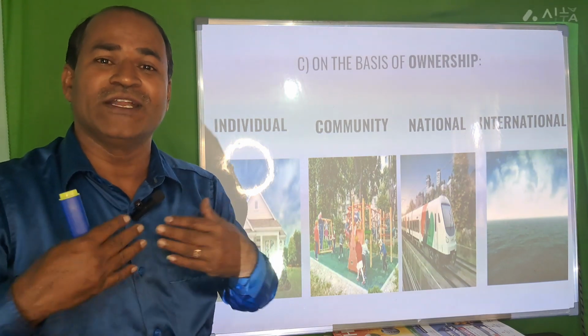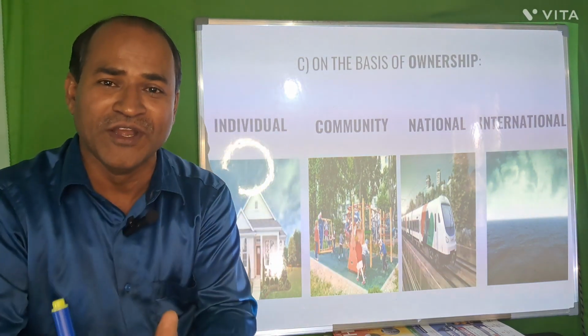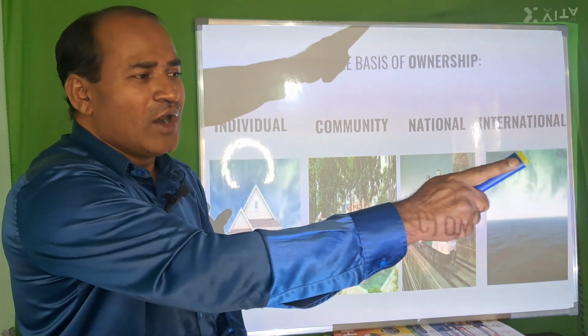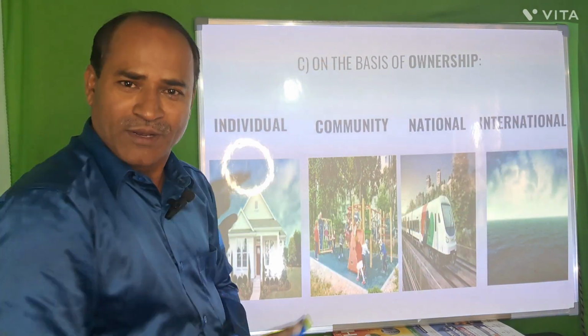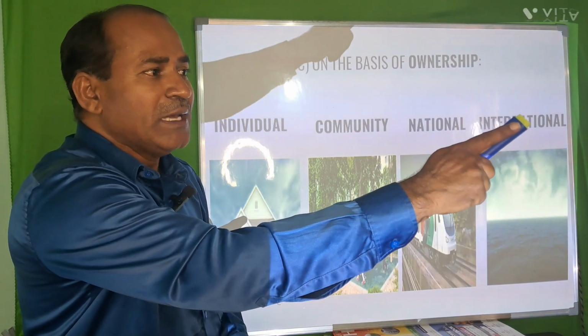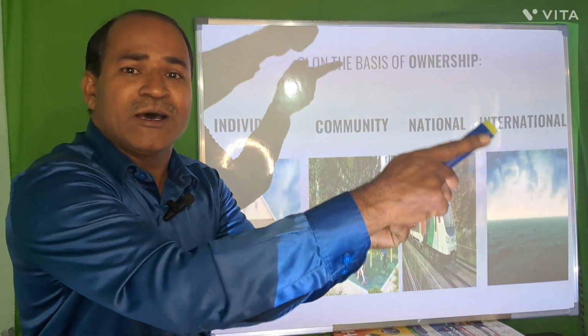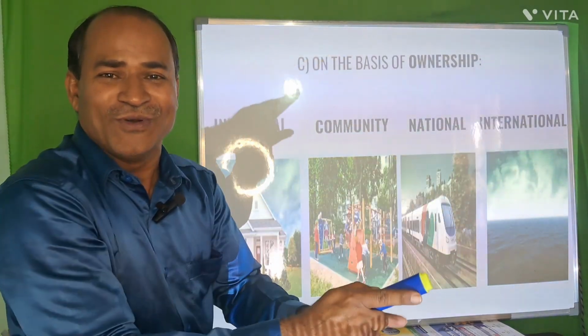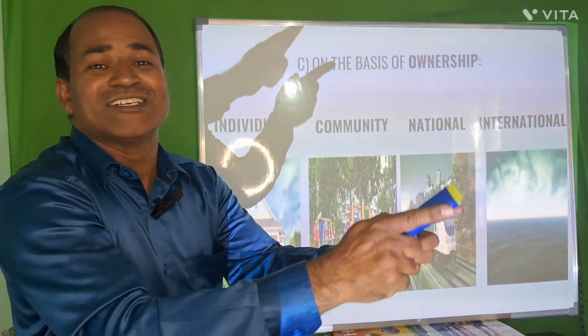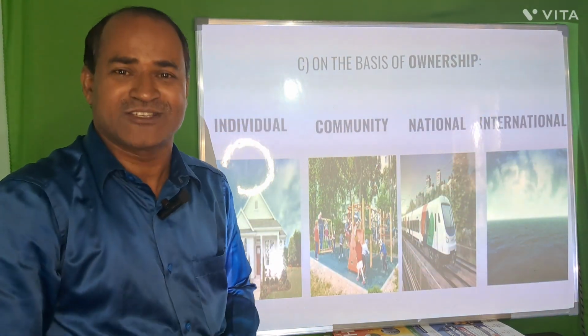Individual resources are those where a person is the owner of the resource. For example, you are the owner of a property, a car, or a bike. That property belongs to you. So such resources are considered individual resources.